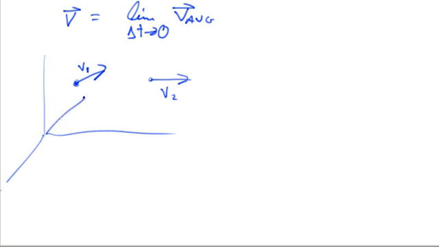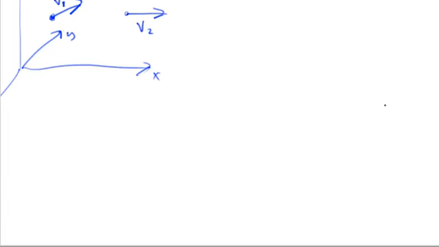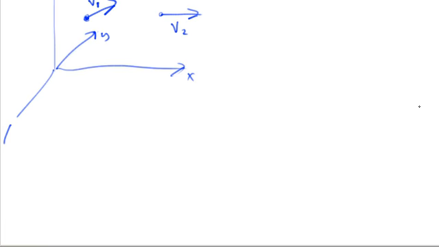Into the page was my y direction, to the right the x direction, and the z direction this way. Out toward the front would actually be the minus y direction. And we can talk about the fact that the velocity from one time to a later time changes. Now I'm going to let this be a finite time for the moment, not infinitesimal, but an actual finite amount of time.